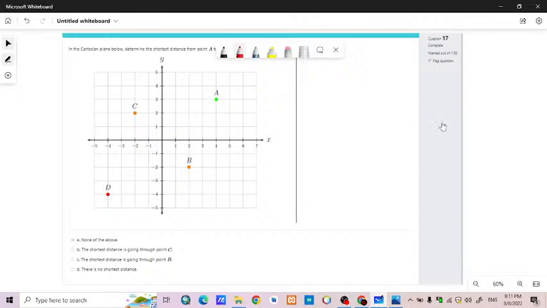Here the only thing that we're supposed to do is to determine these distances.